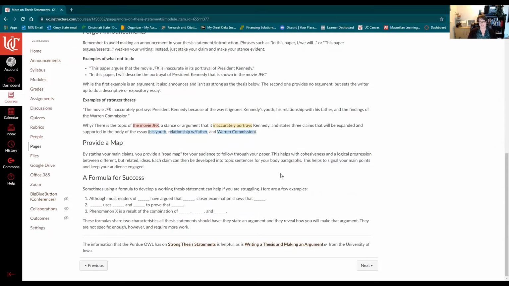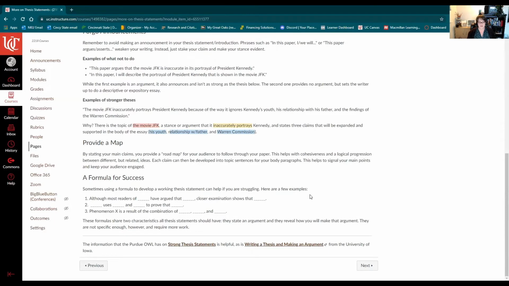Each of those claims can then be developed into topic sentences for your body paragraphs. And this helps to signal your main points, and it keeps your audience engaged, which is a fantastic thing. So a well-crafted thesis is a thing of beauty, but it takes time and it takes practice, and I don't expect you to have it perfect the first time, right?